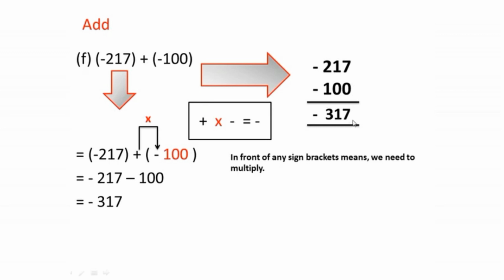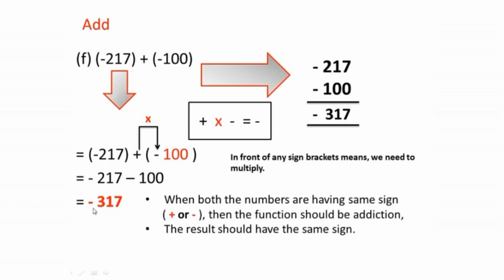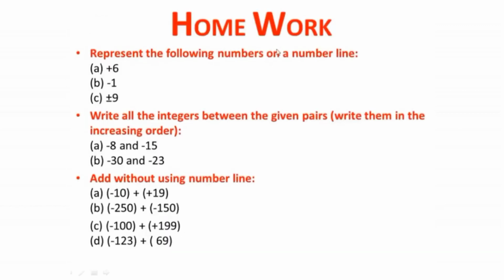We can tally here, minus 217 minus 100 is equal to minus 317. After these many operations, you can see the result is minus 317. Look at here. It is printing with a negative value, minus 317. I hope you have understood.